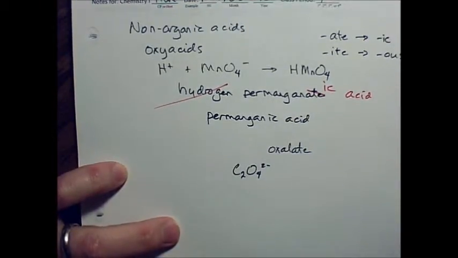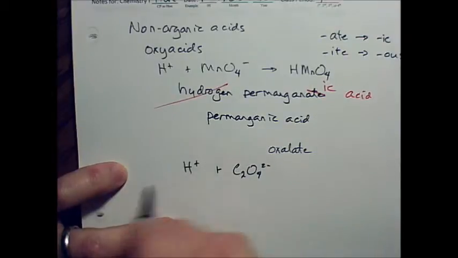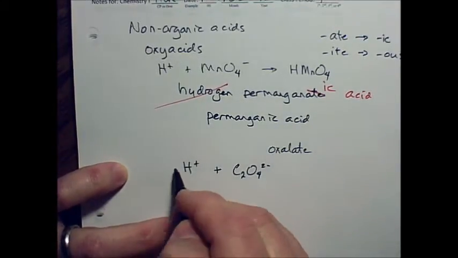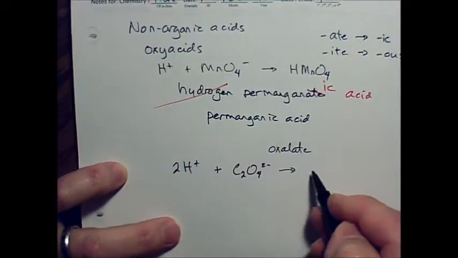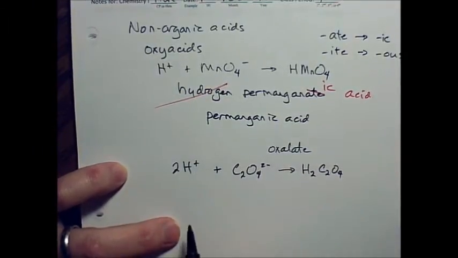What are we going to put on the front of it to make it an acid? Hydrogen ions. They have to have a plus charge. How many of those do we need? Two of them. Put them together, we get H2C2O4. There's the formula.